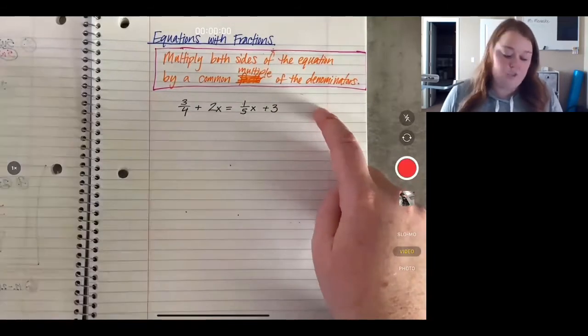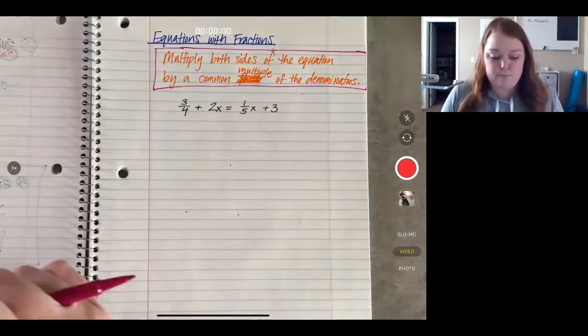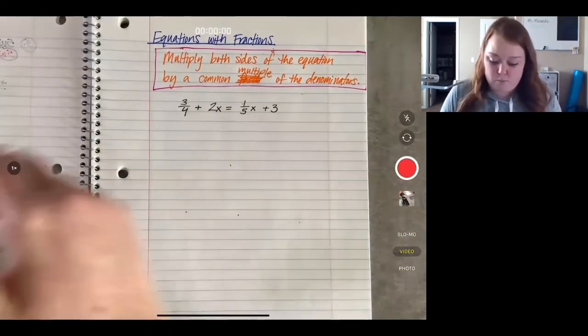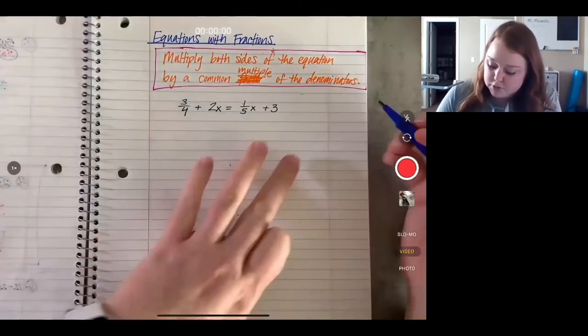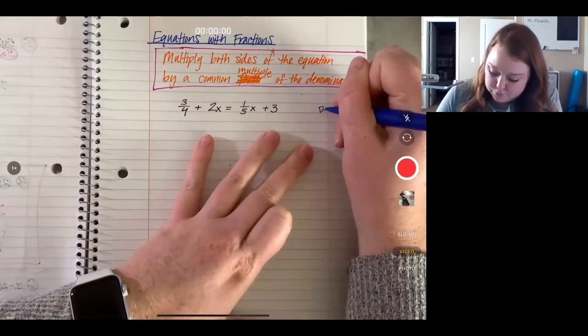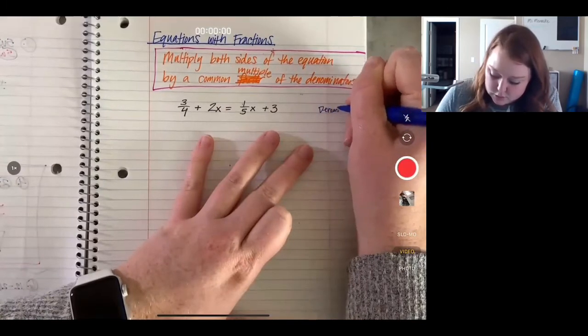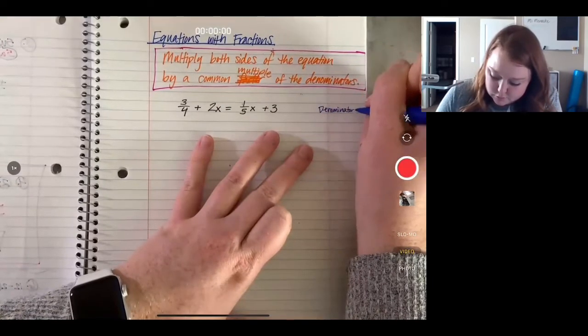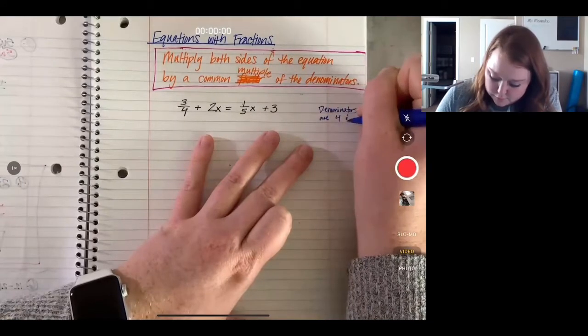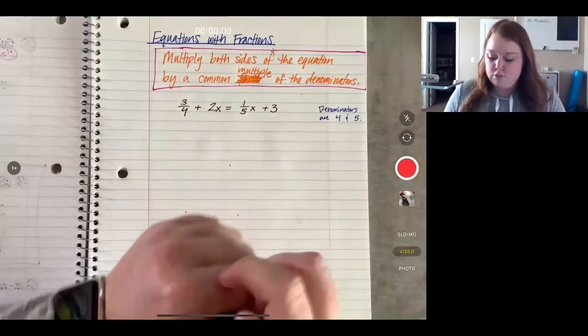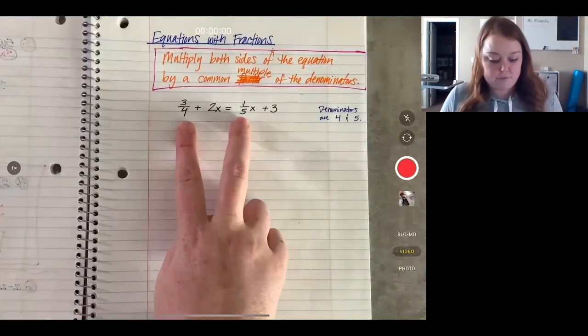So off to the right, you won't have to do this every time, but I want you to do it this time. We're going to do one problem so detailed, you know? So off to the side, just write to yourself: denominators are 4 and 5. Okay, so those are your denominators, 4 and 5.